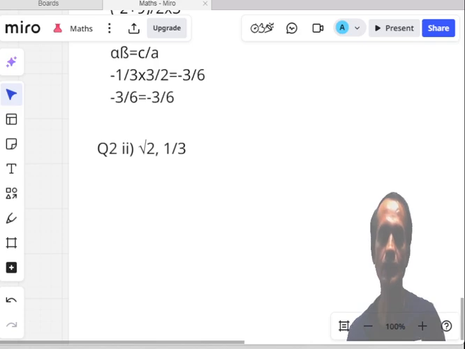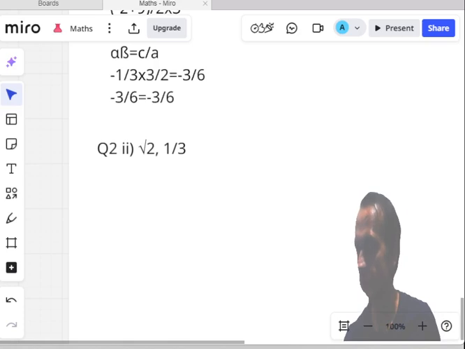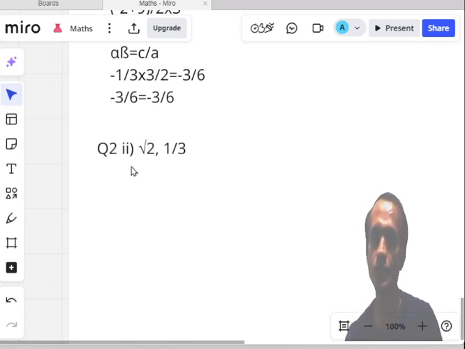We are given root 2 and 1 by 3. Sum of roots is root 2 and product of roots is 1 by 3, and we are required to find the quadratic equation.